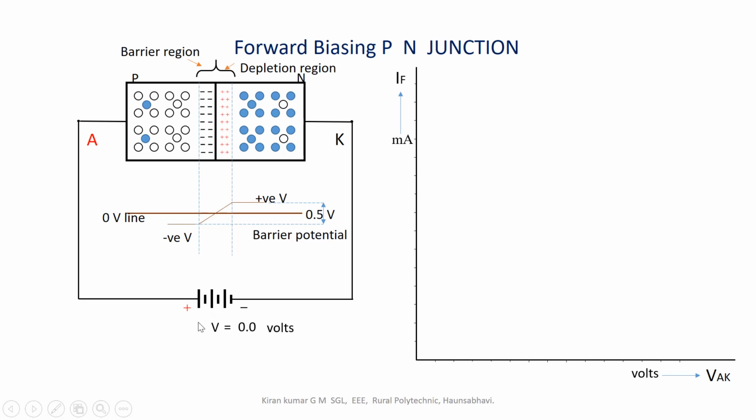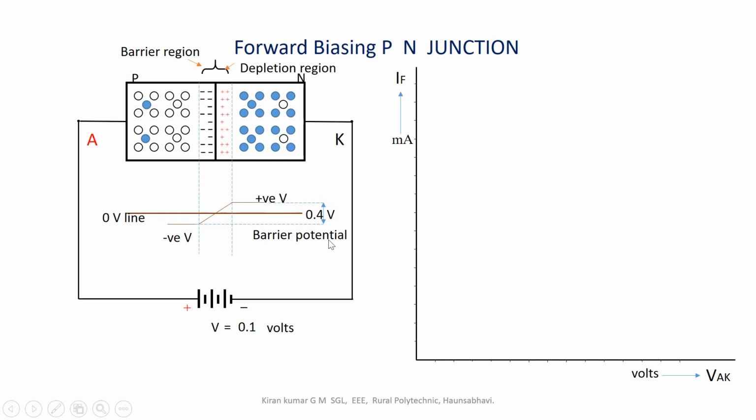Now, when this external voltage is raised gradually to 0.1 volts, you can see in the animation that there is a reduction in the concentration of the ions at this junction, so that the barrier potential is reduced.